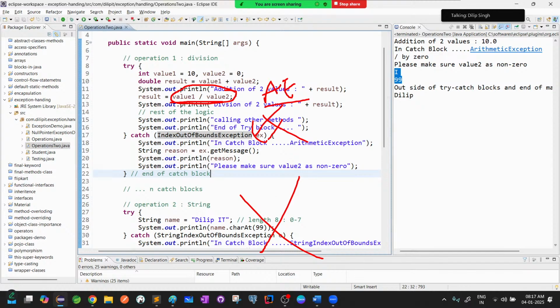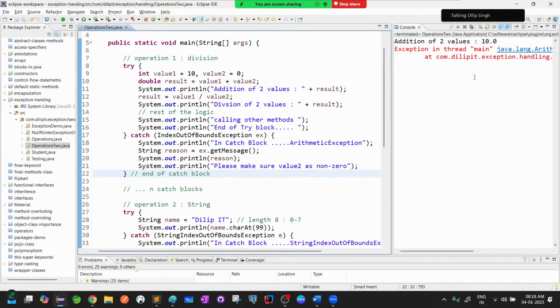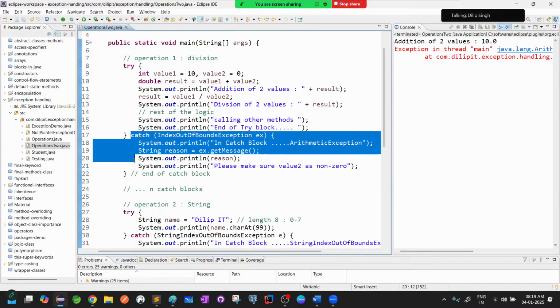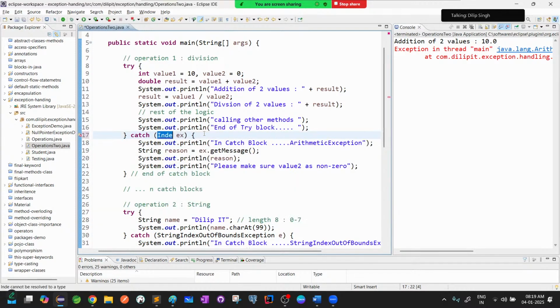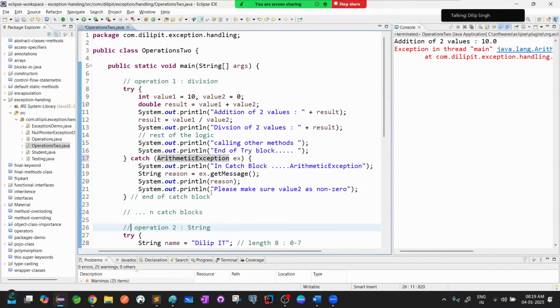It will terminate the entire process and leave by giving that message. So that's why you have to be very careful what exceptions you are going to get. See here, nothing is executed. Why? There is no specific catch block available. So you have to be very careful when handling exceptions, so that the rest of the logic is executed even when the exception comes.